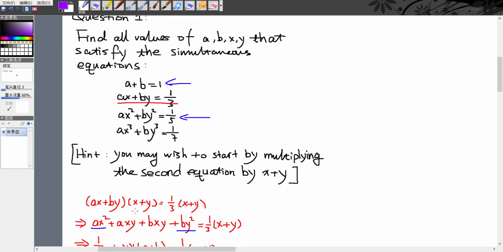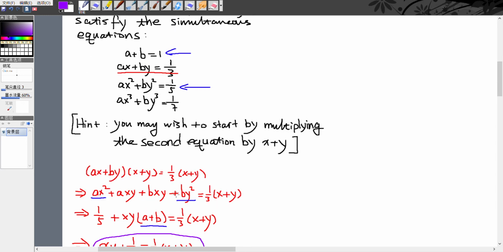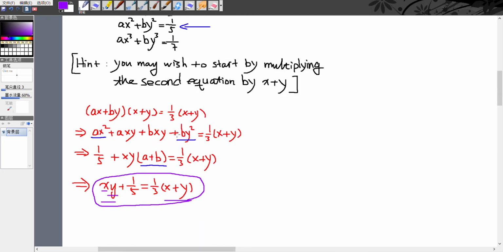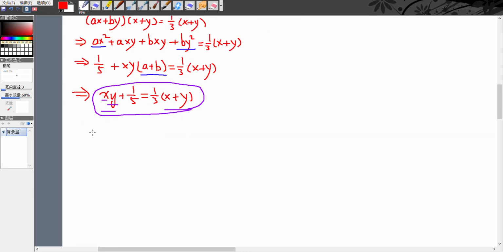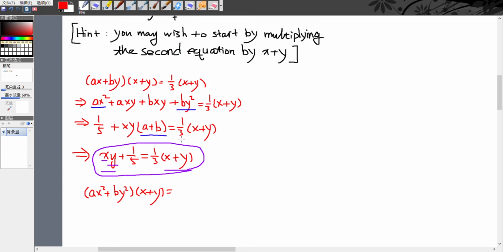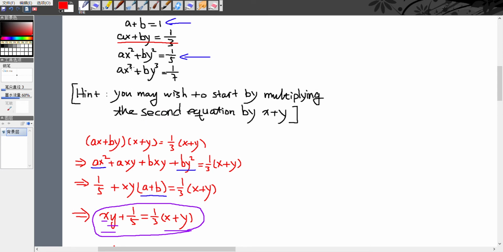So the first thing that we need to do is multiply x plus y by the third equation, because you will see what will happen after we do that. ax squared plus by squared times x plus y is equal to 1 over 5 times x plus y, since ax squared plus by squared is just equal to 1 over 5.